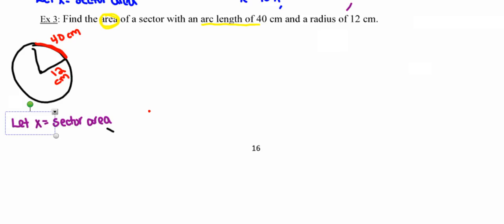So I'm still going to use part over whole equals part over whole, but this time I'm going to be comparing the part of the area over the whole area to the part of the circumference, otherwise known as the arc length, over the entire circumference. So like the first couple of examples, I need to know the area of this circle.